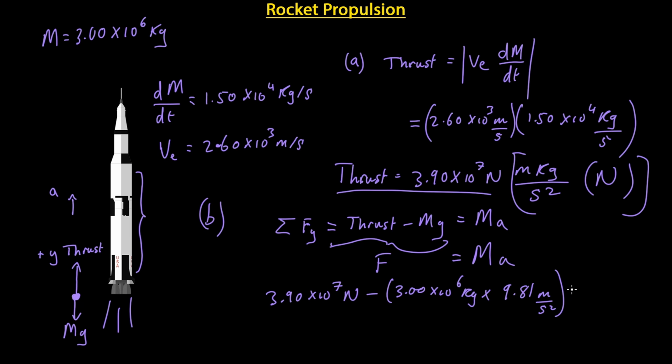And this is equal to the mass of the rocket again, multiplied by its upward acceleration due to the exhaust gases coming out. So the acceleration, after summing this all together, is equal to 3.19 meters per second squared.